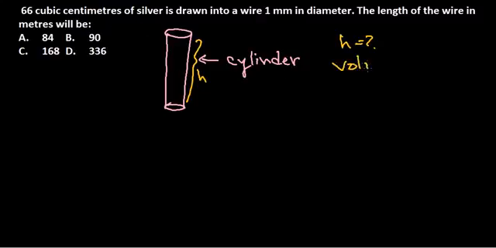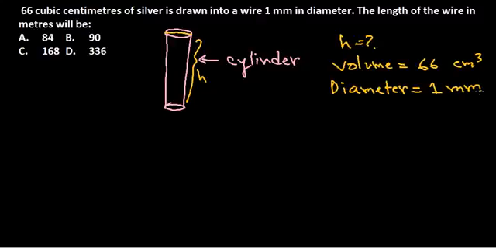The volume in this case is provided, and it says 66 cubic centimeters. And they also provide the diameter. Diameter means this whole length. The diameter is also provided, it's found to be 1 millimeter. So 1 millimeter is the diameter.